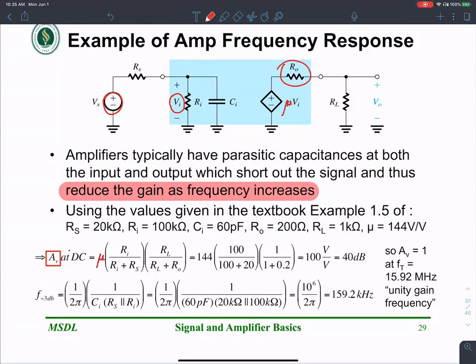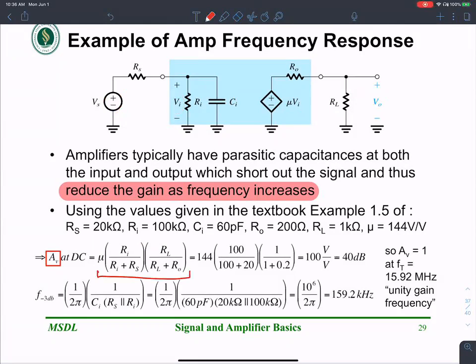Then there is a voltage division between RL and R naught. So Vout is really RL over RL plus R naught times the voltage that I see here. That's similar to what we did in the last class. If you factor out Vs and divide by it, you're left with this expression.